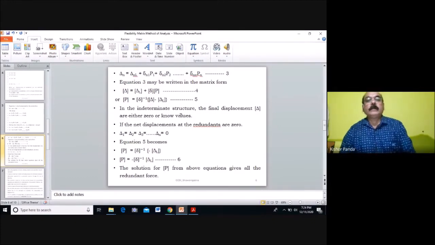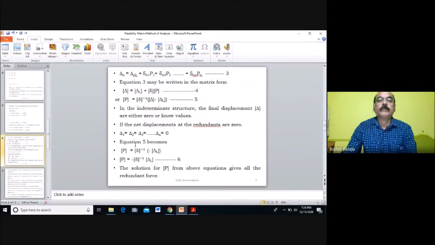In the indeterminate structure, the final displacement delta is either 0 or a non-zero value. If the net displacement of the redundants is 0, then you can put delta 1, delta 2, delta 3, and delta n equal to 0.